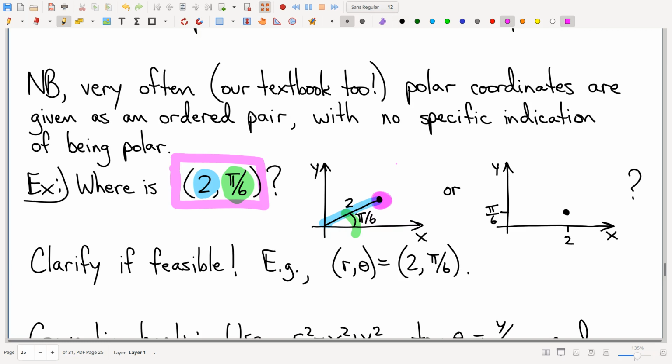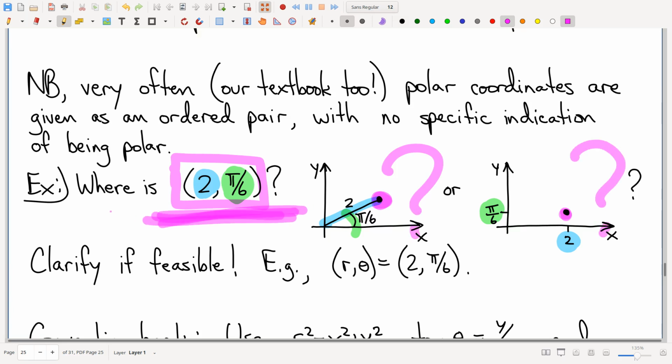And pi over 6 is a perfectly reasonable real number. This could totally be y. By what's written there, I could totally be referring to 2 comma pi over 6 in rectangular coordinates. That could be this point right there. And from what's written here, it's not at all clear which of these points is being referred to.